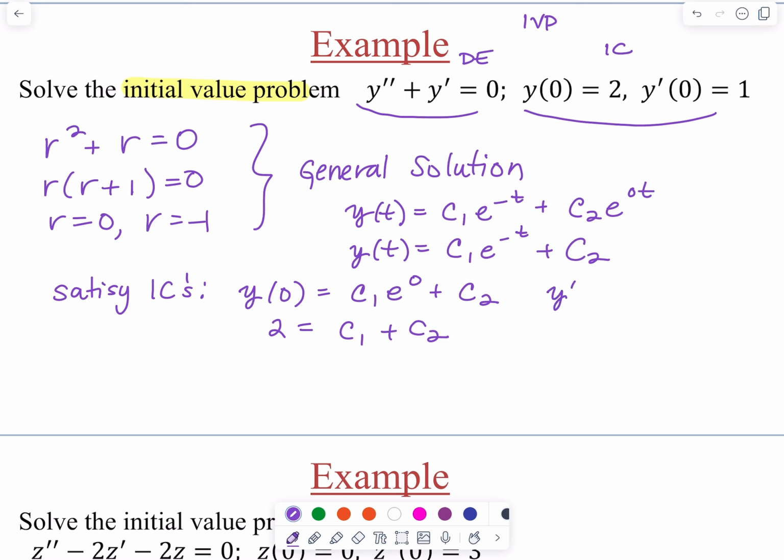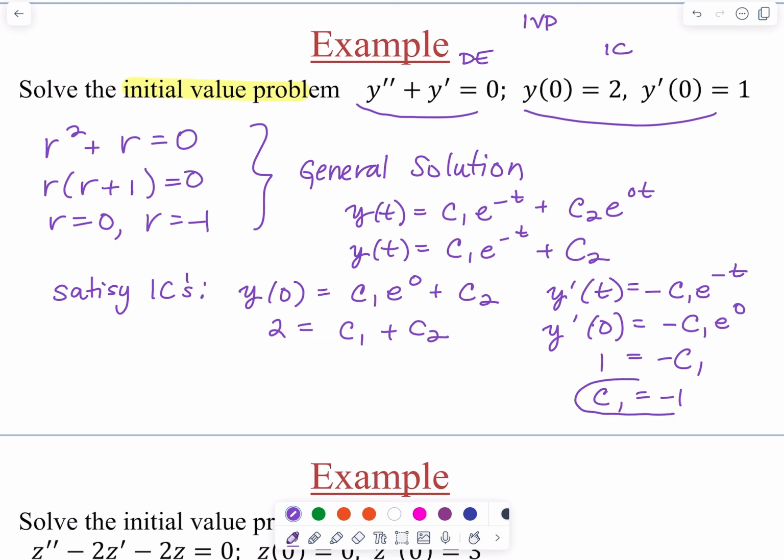So y prime of t is going to be the opposite of c1 e to the -t. So y prime of 0 is given to be 1. So we have -c1 e to the 0, and that's just going to be the opposite of c1. So we can see here that c1 is equal to -1. And so plugging in a -1, we can now see that c2 is equal to 3.